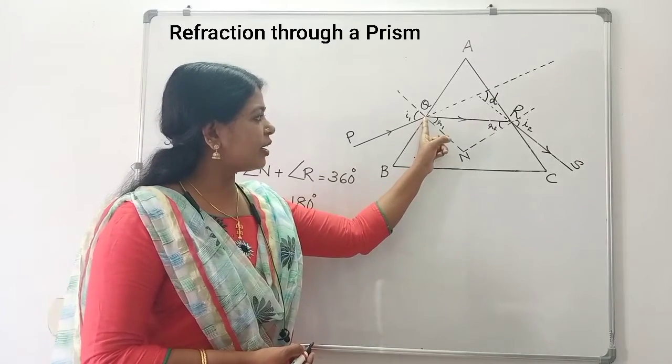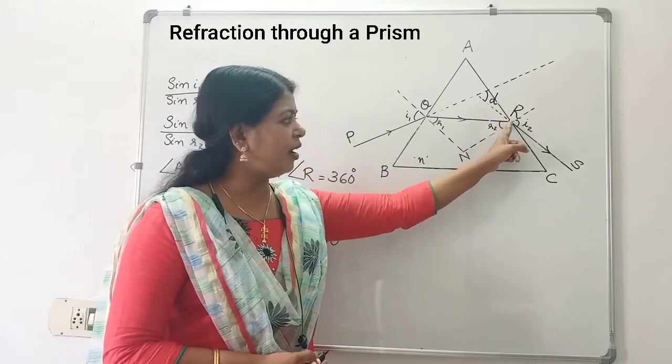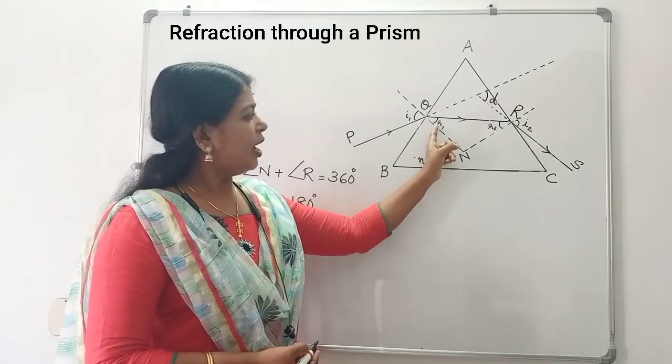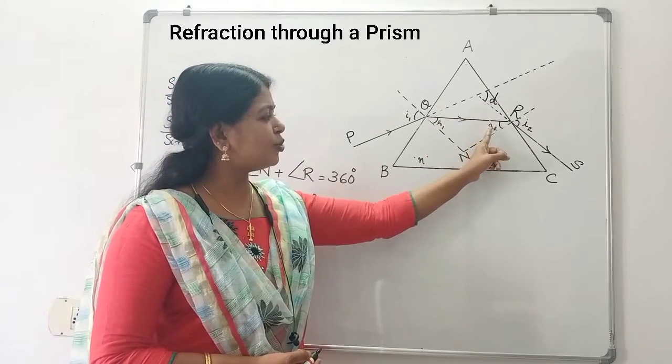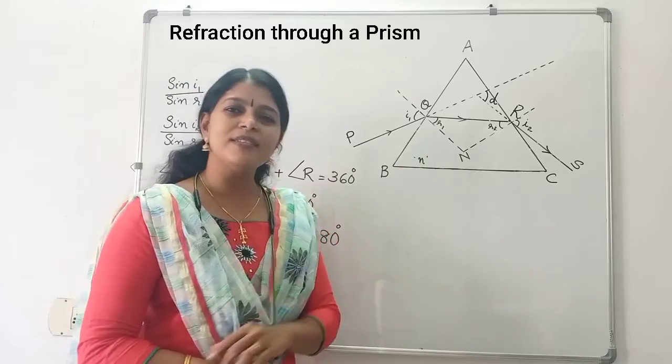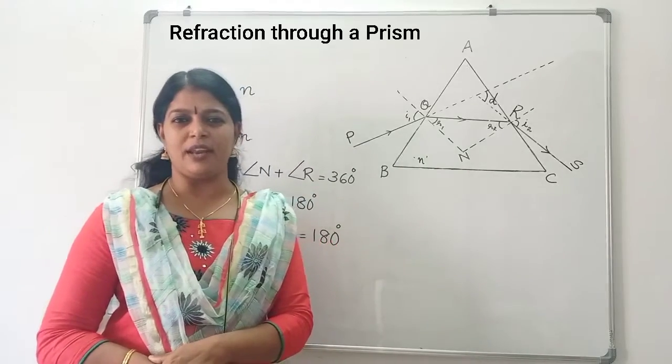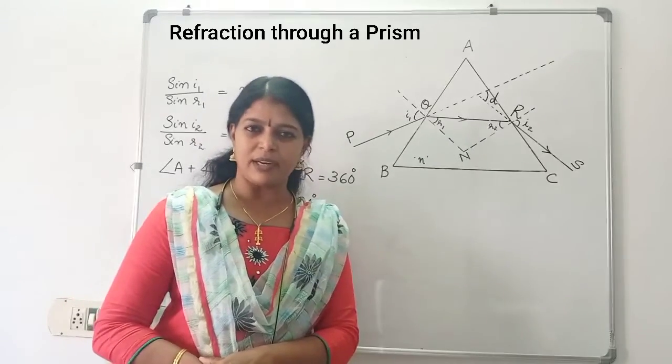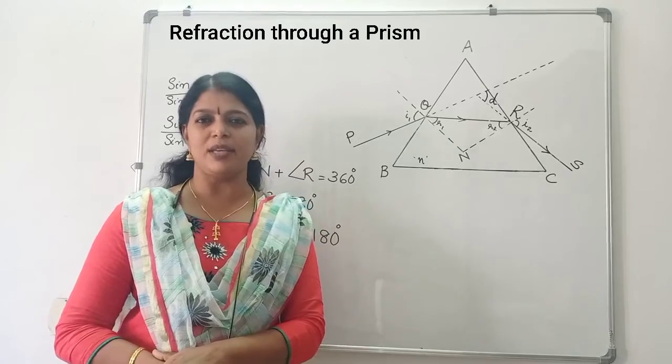Now from the triangle QNR, R1 plus R2 plus angle N is equal to 180 degree. Total angle of a triangle is always 180 degree.